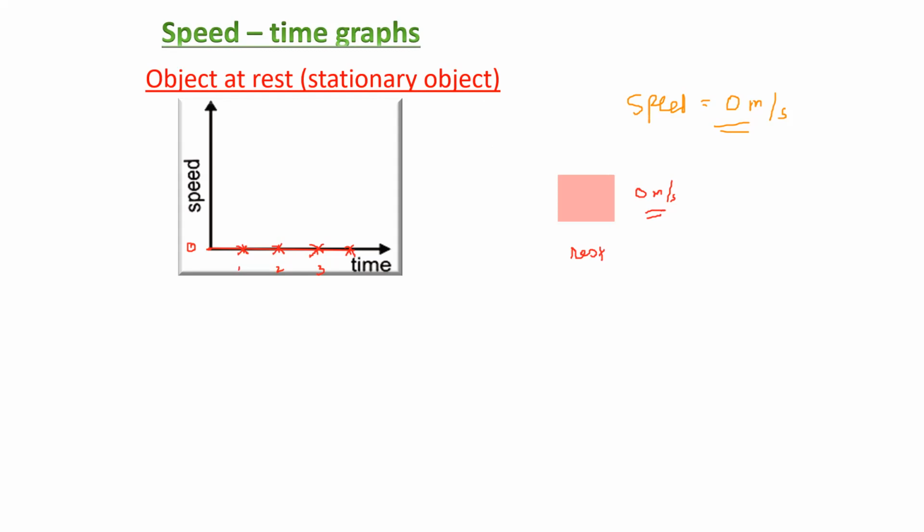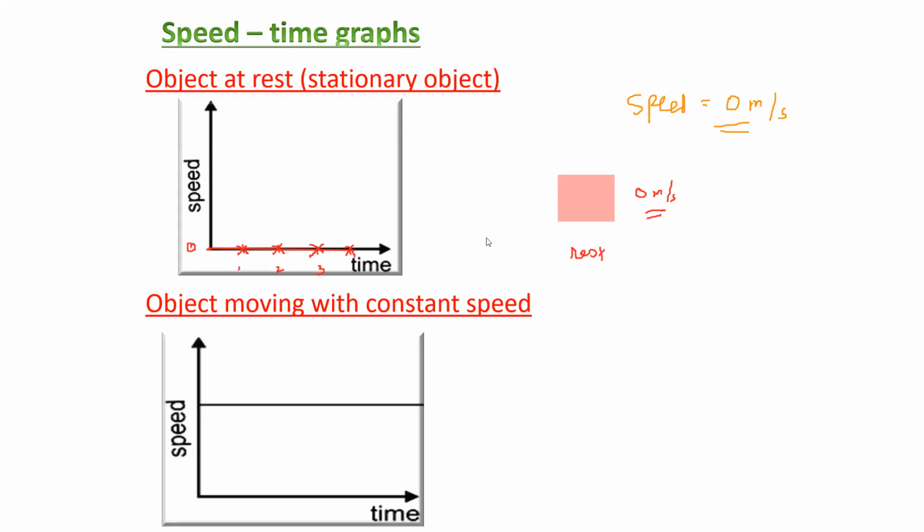The second case, when the object is moving with a constant speed or uniform speed, so what should be the shape of the graph? It will be a horizontal line. How do we draw this graph? For example, this is an object which is moving with a constant speed, or the speed is not changing.